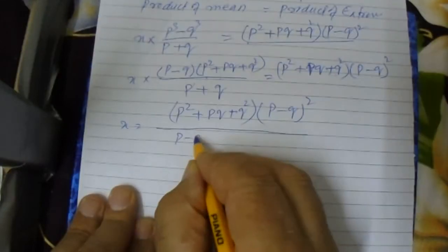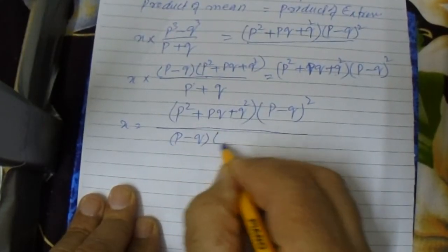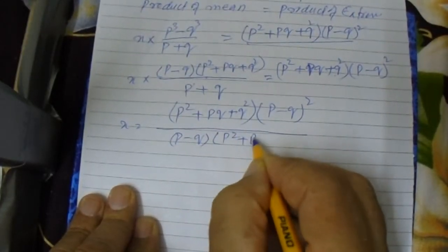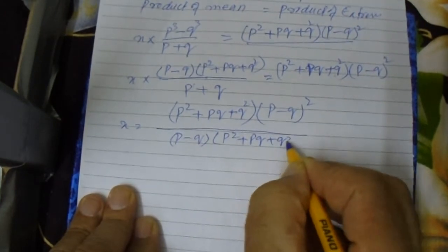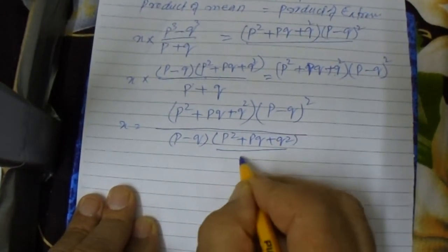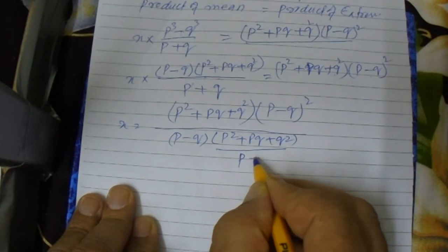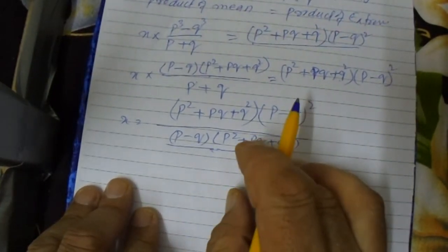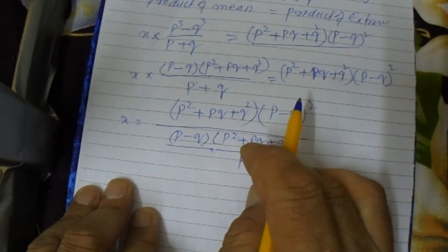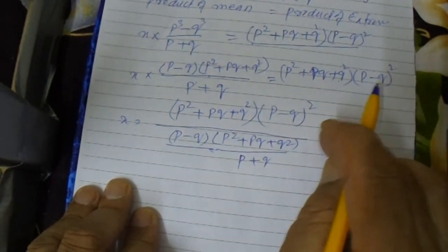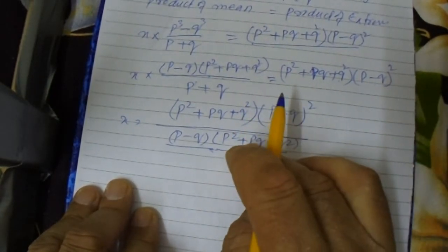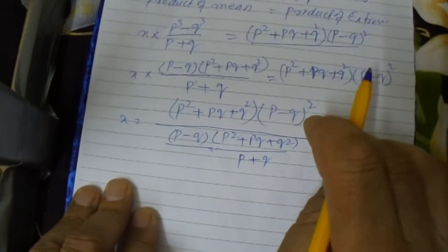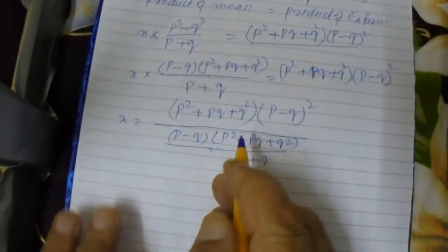We write P minus Q and P square plus PQ plus Q square over P plus Q. Now this is the fraction over fraction. When we multiply, this fraction will be the reciprocal of this. We write here reciprocal of this fraction.